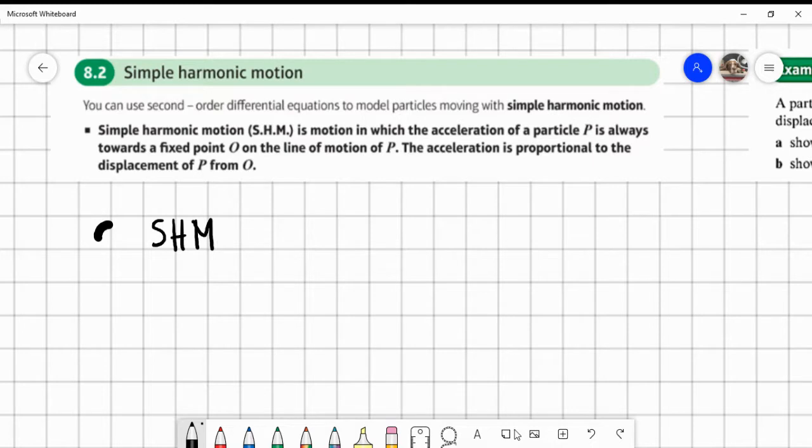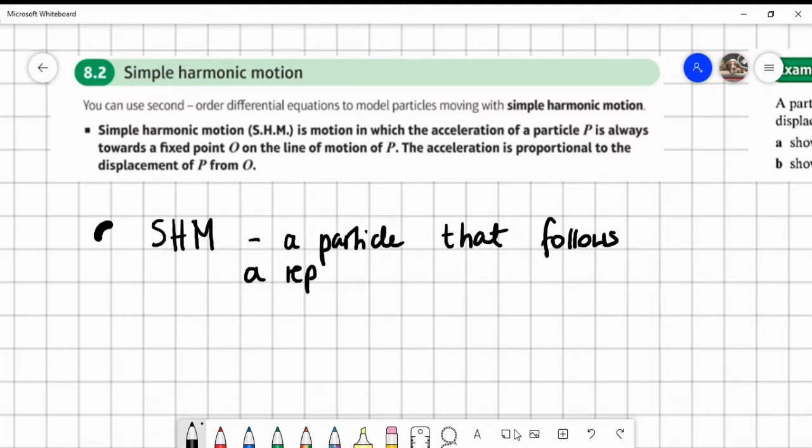So you could have a particle that follows a repetitive motion.